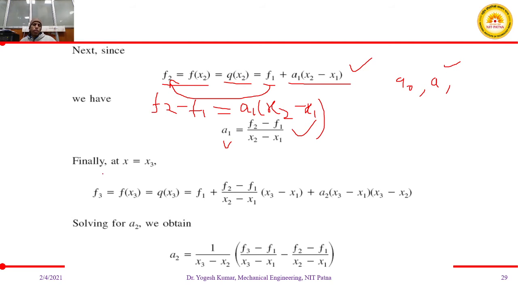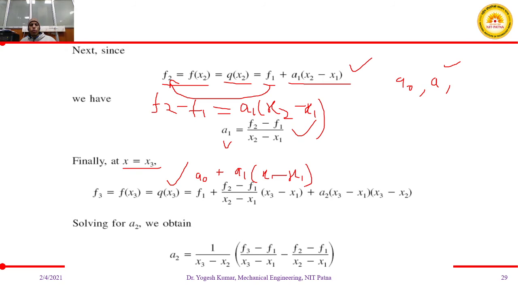Now let us come to the third point, x equal to x3. For x equal to x3, again you put the value of x in your quadratic function, that is Q(x). So f3 equal to f(x3) equal to Q(x3) equal to a0 plus a1 times x minus x1.